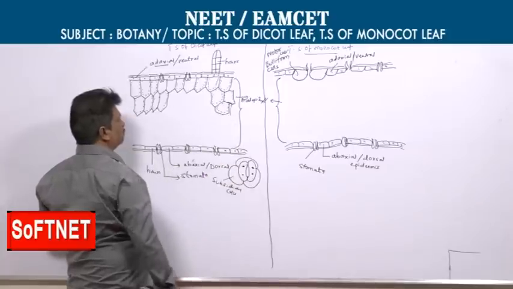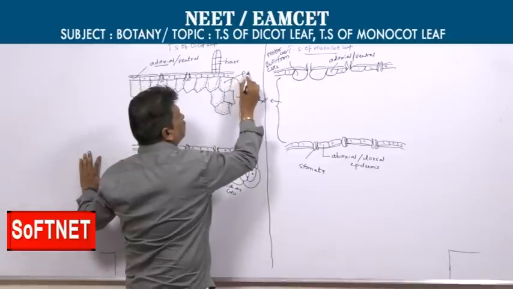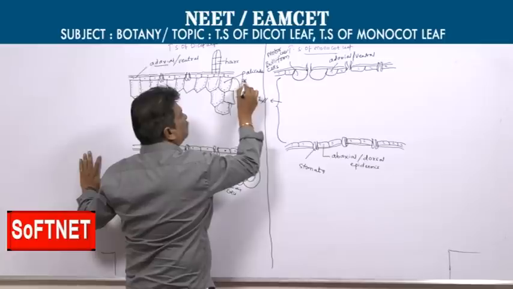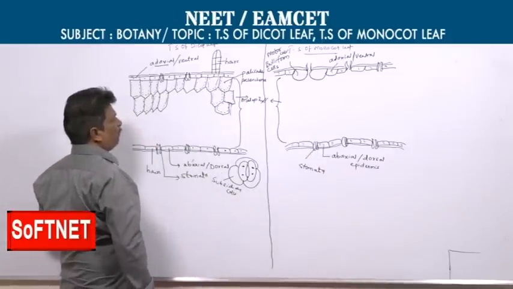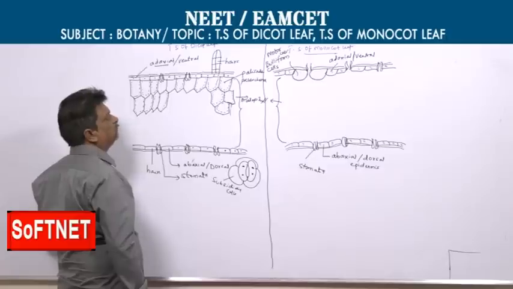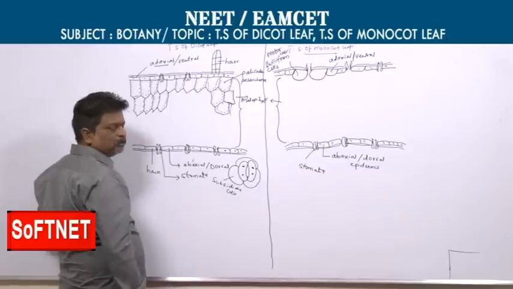All these chloroplasts are distributed at the periphery, so the upper side is dark green and performs photosynthesis.